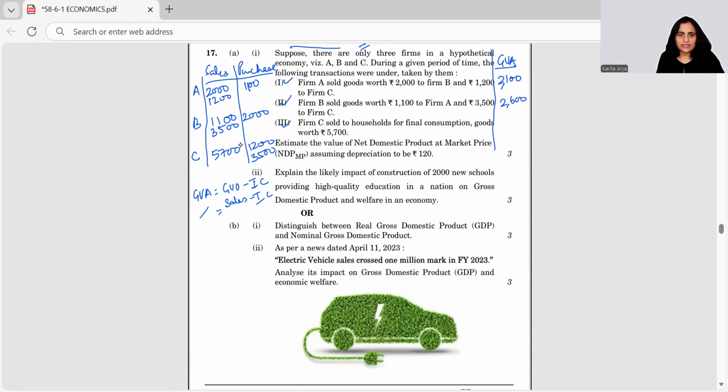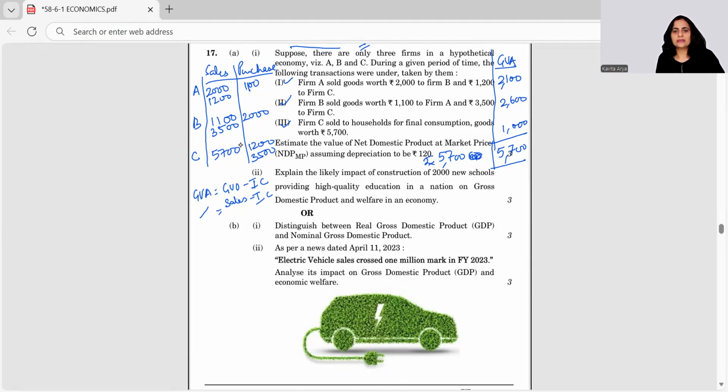Out of 5700, when 4700 are subtracted, this becomes 1000. So what is the net value going to be? It is 5700. So this is the GVA, 5700. Crore units are not given, it's only rupees, so we will mention only rupees.